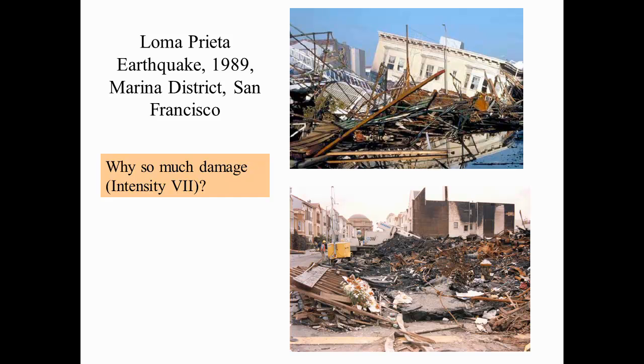If you look in the background, those buildings are in pretty good shape, whereas the buildings in the foreground are completely destroyed. Why? Is it because of the building's specific construction? Well, the actual reason is because buildings in the foreground are resting on former landfill, whereas those in the background have a more sturdy substrate.